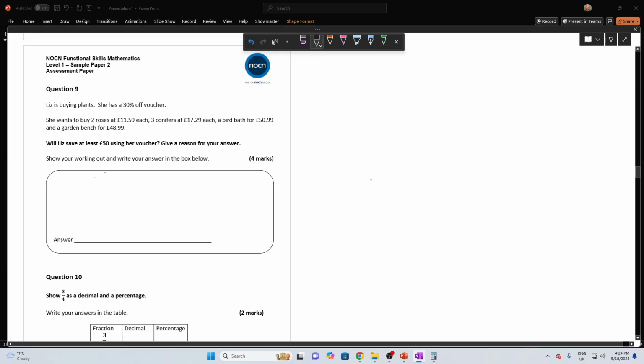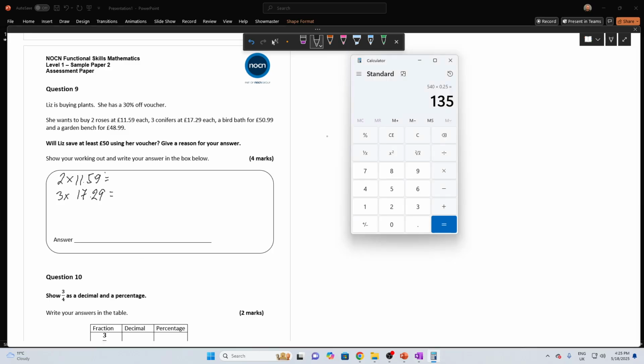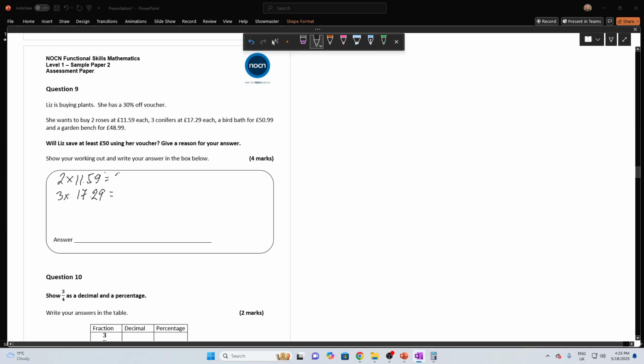So what we have to do, first we need to find how much each of them costs. So we have 2 roses, then we have 3 of the conifers. Let's see how much the roses cost. 2 times 11.59 is 23.18.